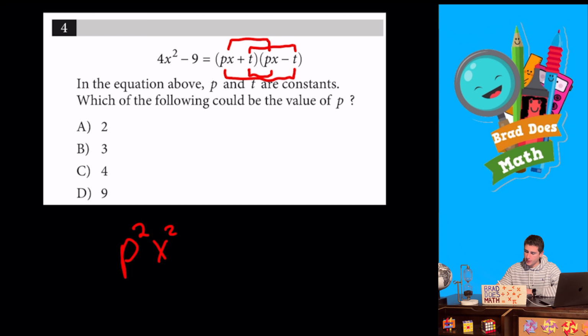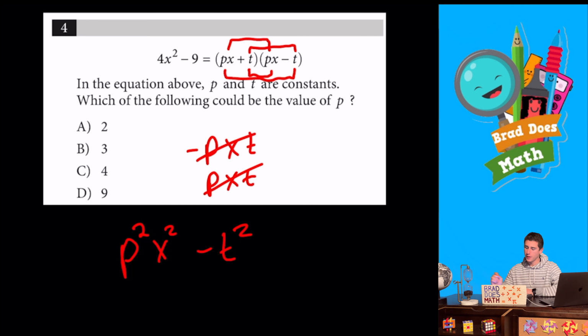The outers are going to give you pxt with a negative sign, and the inners are going to give you a pxt with a positive sign. So those will cancel, right? The pxt with the negative and the pxt, which are positive. And then the lasts are just t times negative t, so negative t squared.